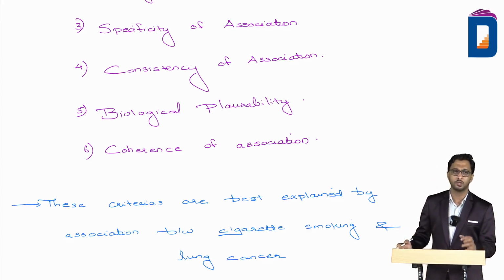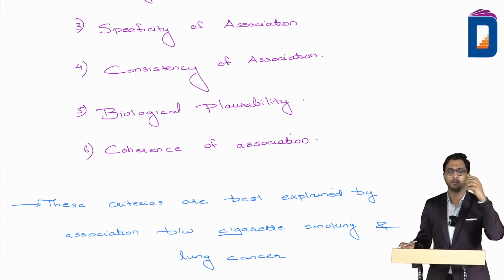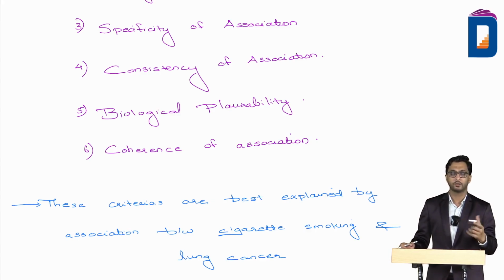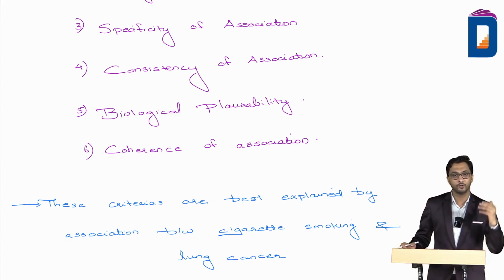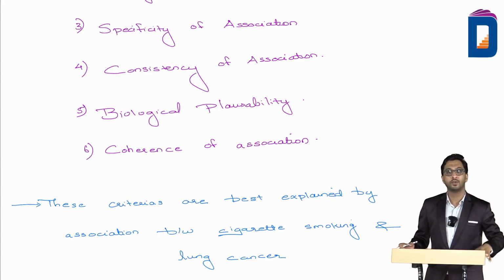Then coherence of association means, is it consistent with the observations and current knowledge you see in your surroundings? For example, earlier males used to smoke a lot, so you see more lung cancer in males.